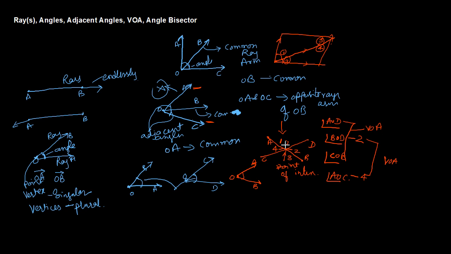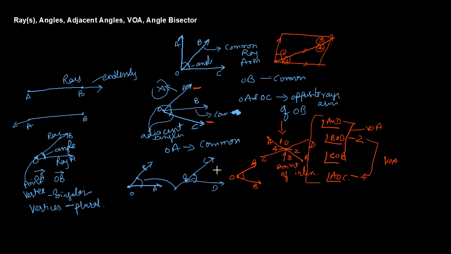In both the cases, AOD has AO and OD, and BOC has BO and OC. No common arms are there for those angles, whichever angles which I have mentioned here. So no common arms, and the opposite angles are called as vertically opposite angles.